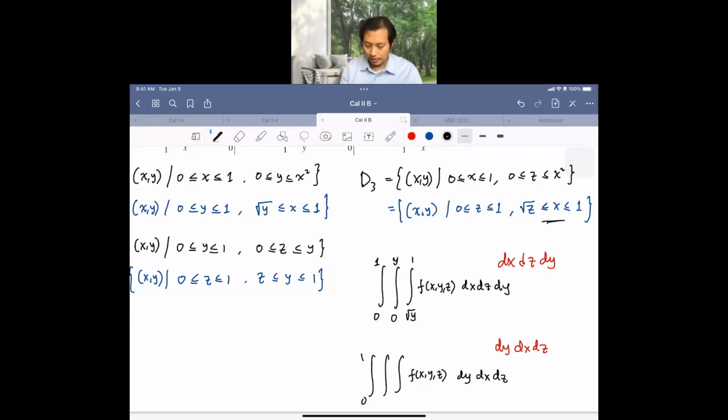I think that's the best way. Square root of z to 1. And then dy. So dy should be related to x. Should be z and x squared. So you could write down this x squared, or maybe z to x squared.